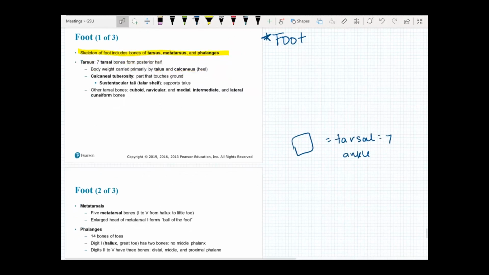Coming off your ankle, you're going to have your metatarsals. And these are going to be 5. And this is essentially going to make up the ball or the actual bridge.